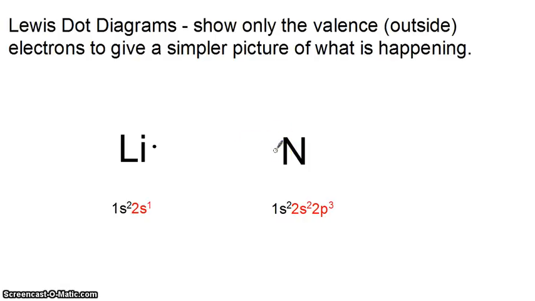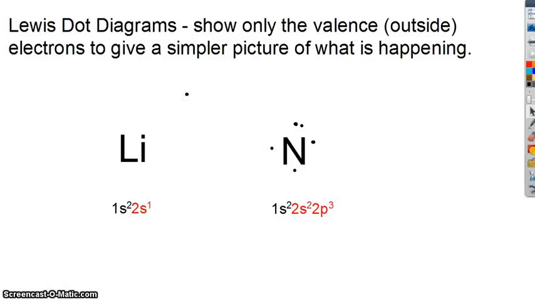Nitrogen being 1s2, 2s2, 2p3, the 2nd energy level is the outside energy level. You add up both the 2 and the 3. There are a total of 5 outside electrons in nitrogen. So when we do this, we can see that lithium with only 1 electron would tend to lose that 1 electron.